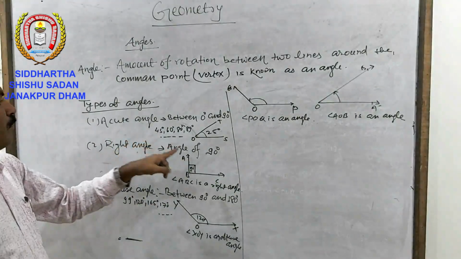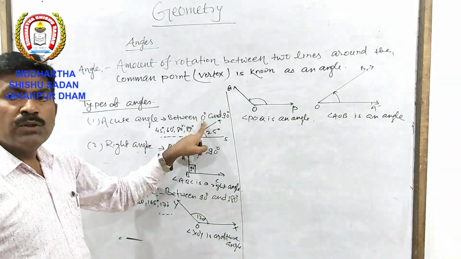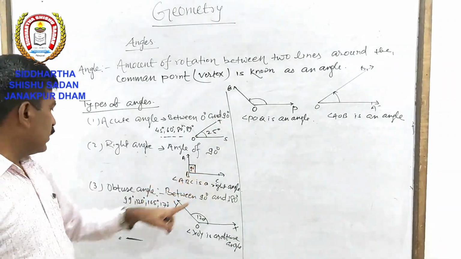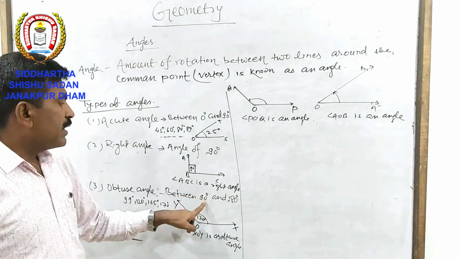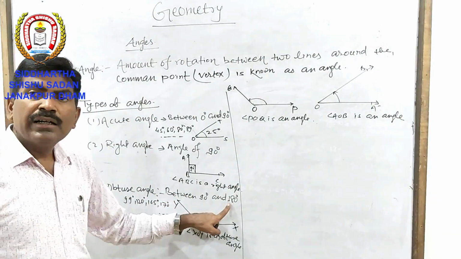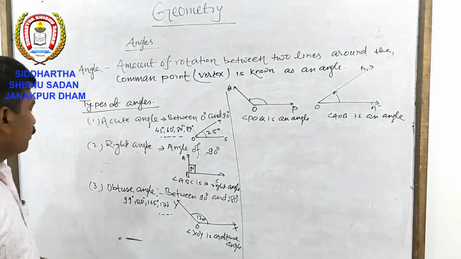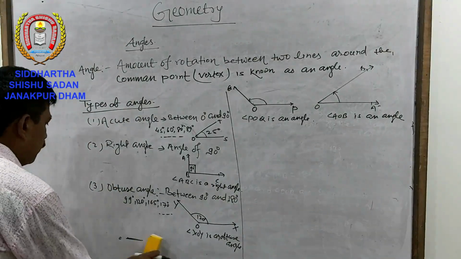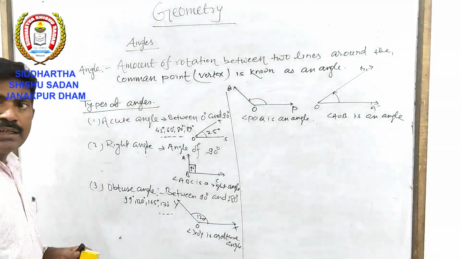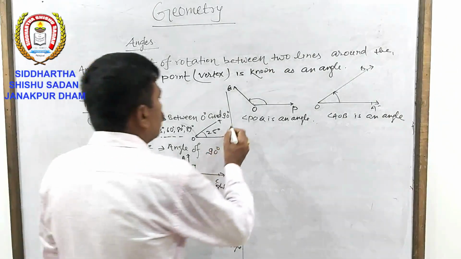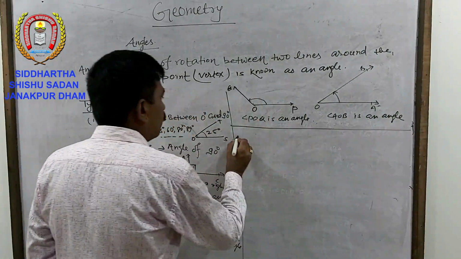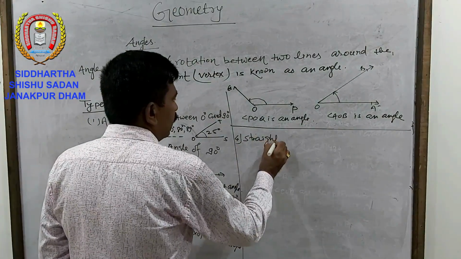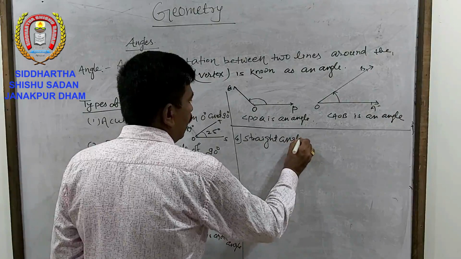So acute angle, very simple, greater than 0 degree and less than 90. Right angle, exact angle of 90 degree. Obtuse angle, greater than 90 degree and less than 180 degree. And now straight angle. Number 4 is straight angle.